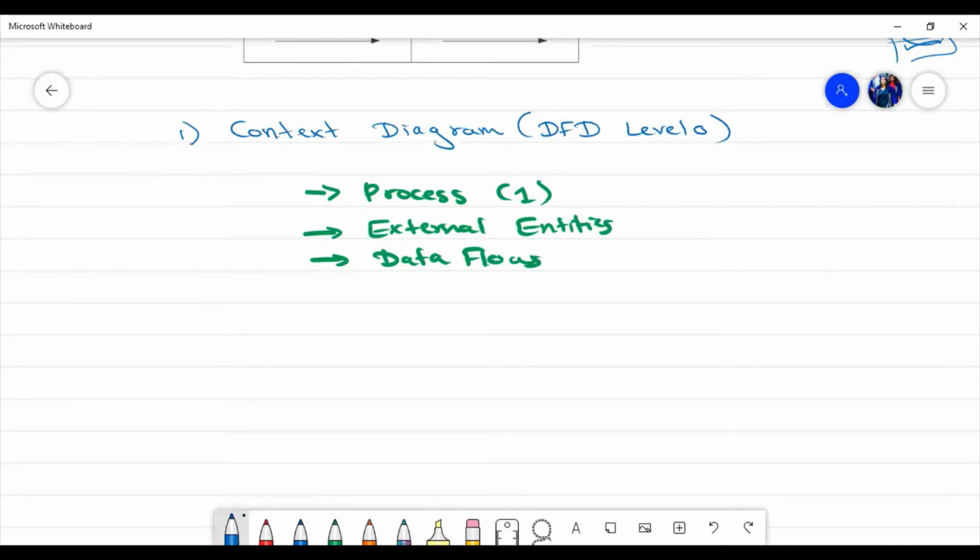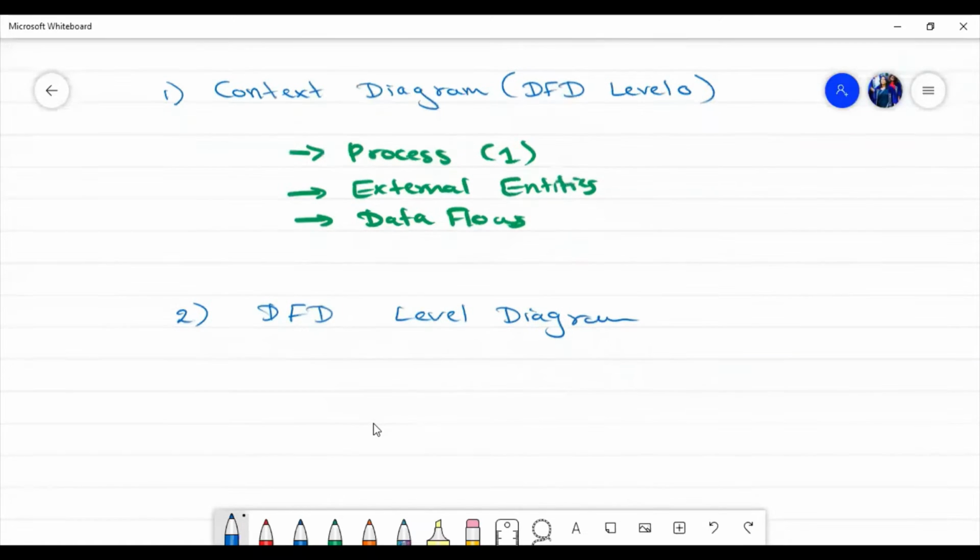So let's see what this level 1 DFD diagram is. DFD level 1 diagram. Right? In this case, we have the context level diagram with the system as one process. In the level 1 diagram, we are going to divide the system into sub-processes.